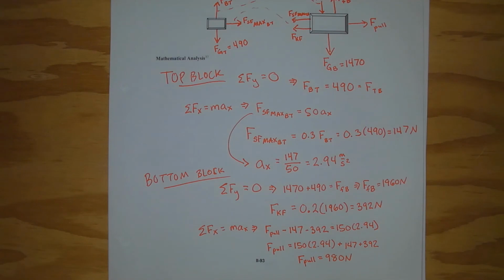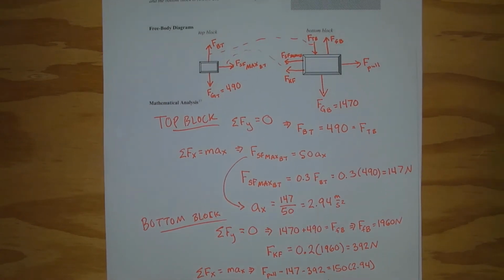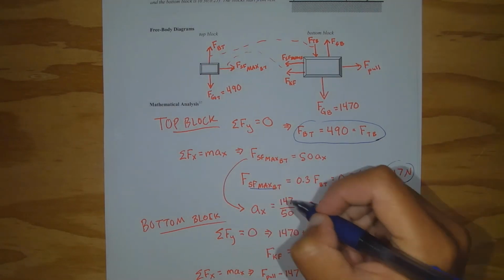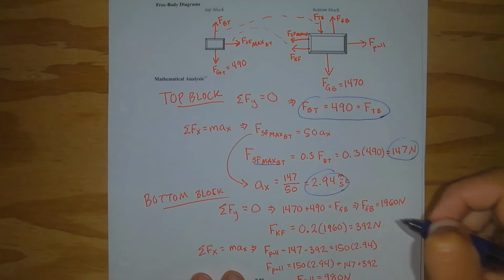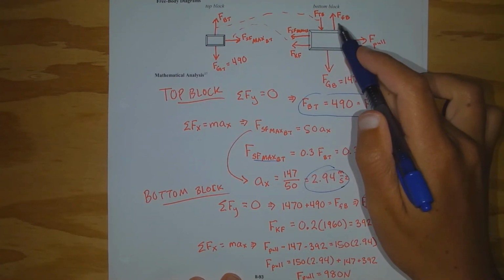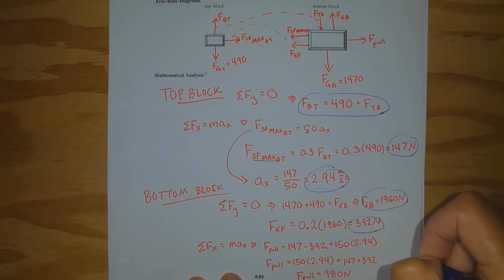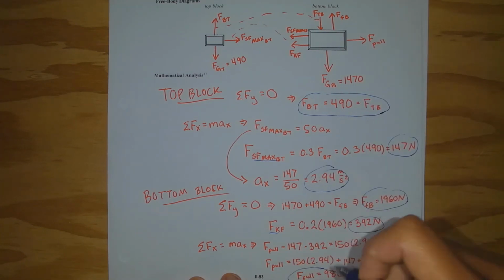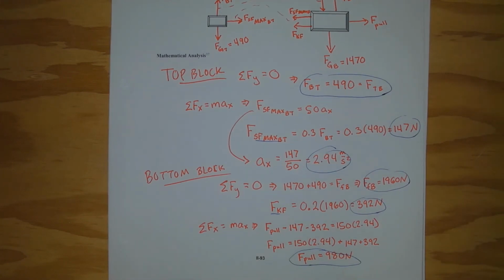So let's just make sure we found all of the unknown forces. So I have the force between the bottom block and the top block, the force of static friction, I have my acceleration, I have this force between the floor and the bottom block, I have my force of kinetic friction, and I have the force of the pull, and I already found the magnitude for the force of gravity for the top block and also for the bottom block.